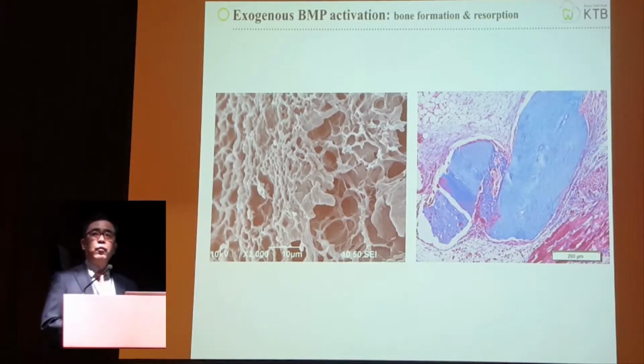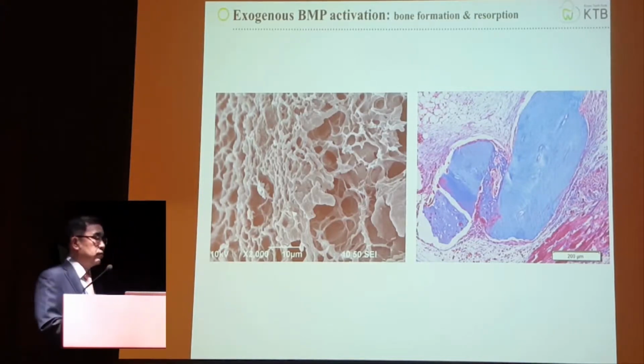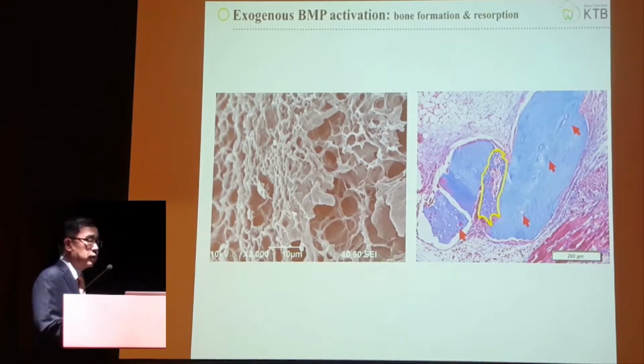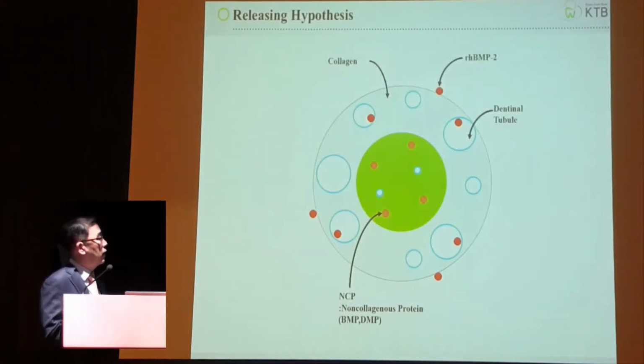So with this in vitro, in vivo, and human clinical review, we see active osteoinductive bone formation and dentin matrix resorption. This observation might be interpreted as a releasing hypothesis.